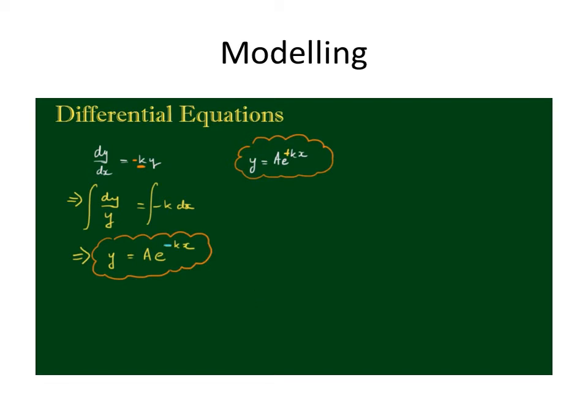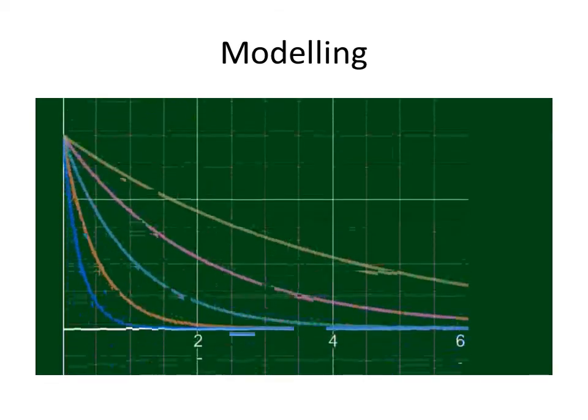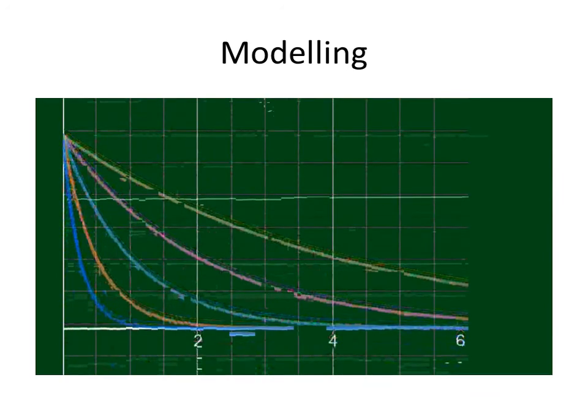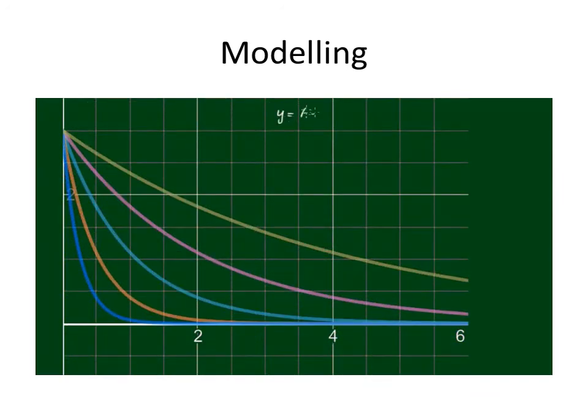Alright, so what does this mean physically? Well, this is what the family of solutions y equals a e to the negative kx looks like for several values of k. In all of these examples, we have a equals 3, the coefficient in front. So the equation is 3 e to the negative kx. This olive curve is when k equals 1/4.